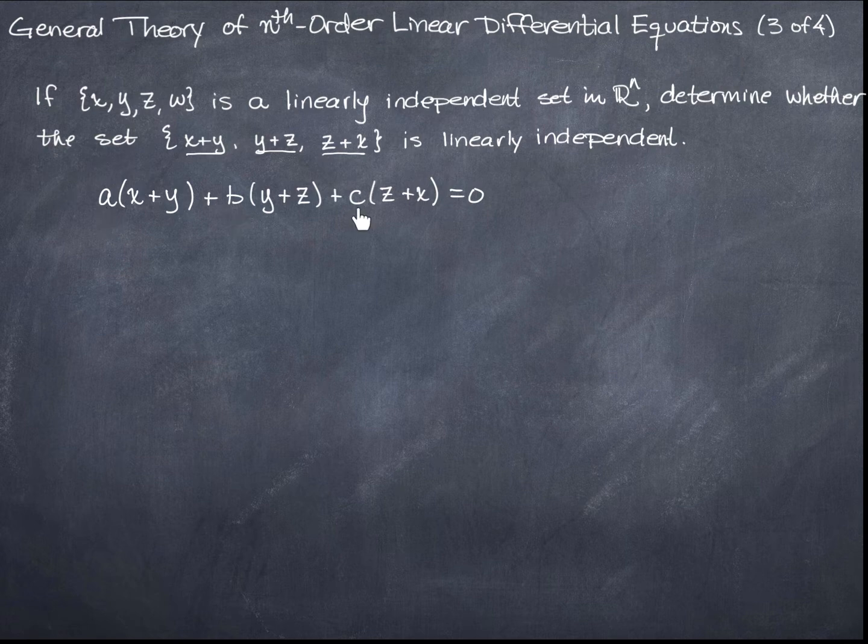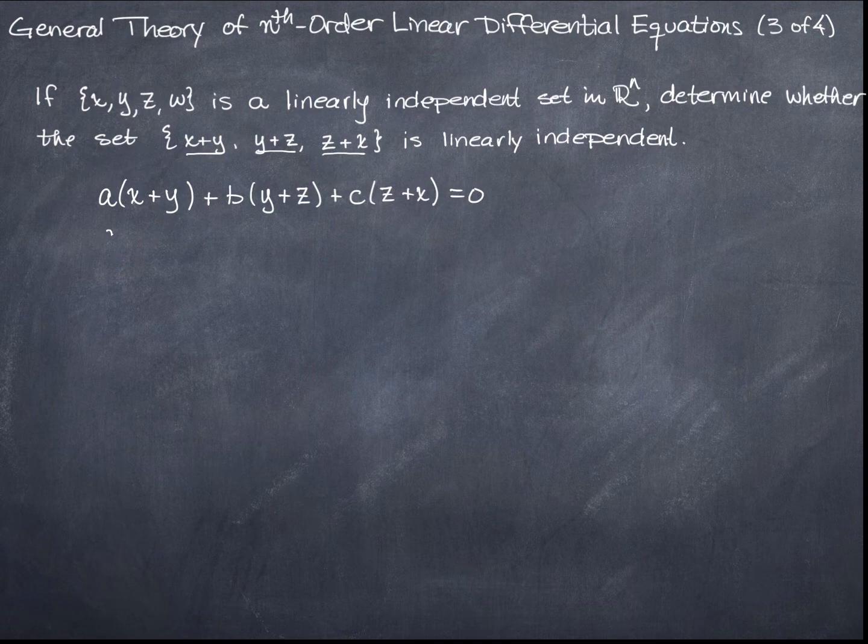Either A, B, and C are all 0, or they're not, and there's some other combination going on, right? So what we want, if we think these are linearly independent, then A, B, and C need to all be 0. Well, how do we find what A, B, and C are? Whether they have to be 0 or whether they might be something else.